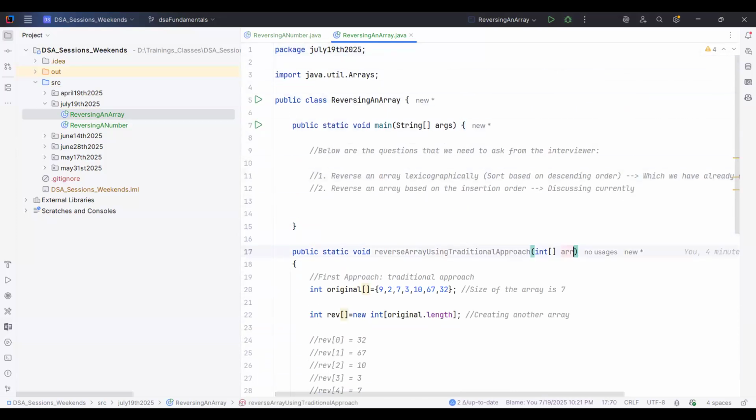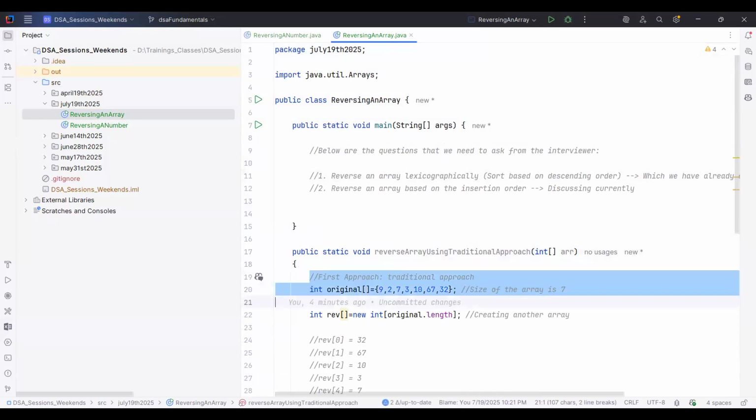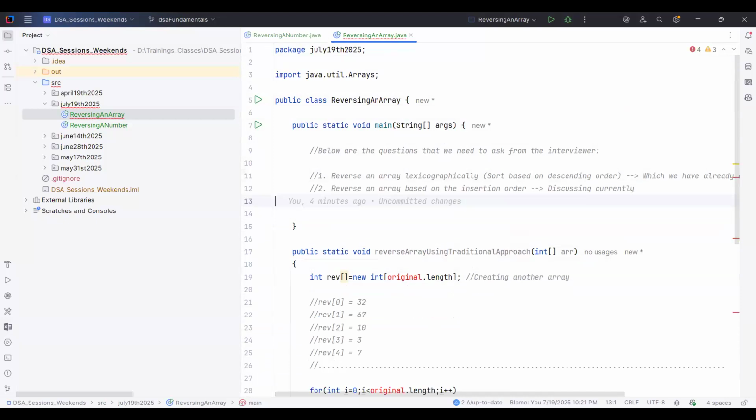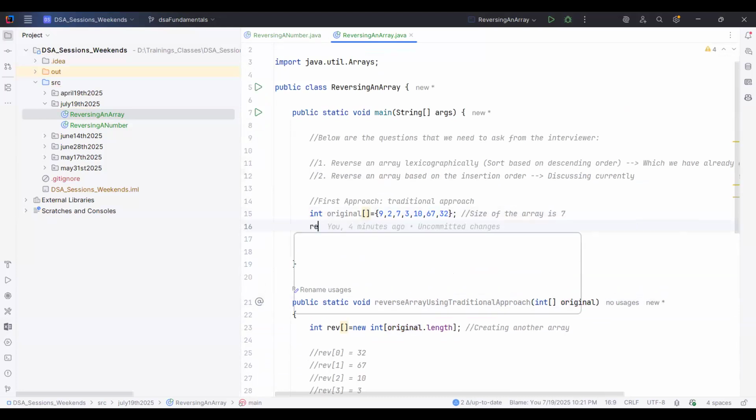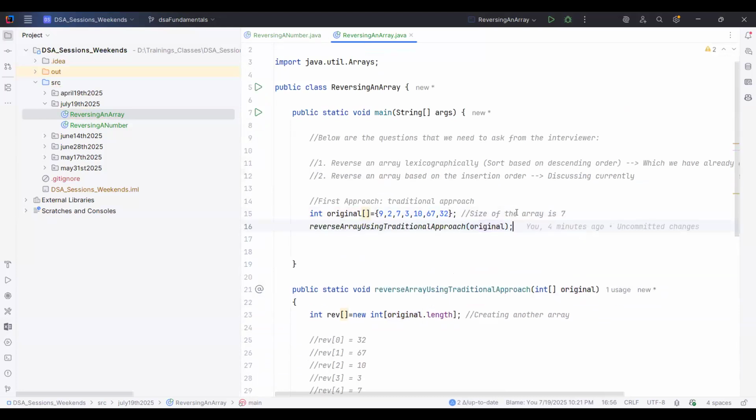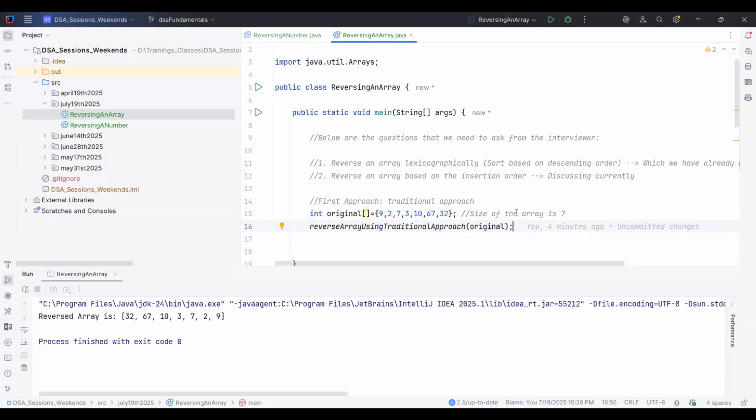Great. So let's maintain it as okay. Let me take this array. Great. Any doubts?